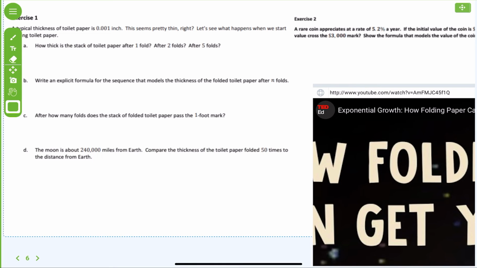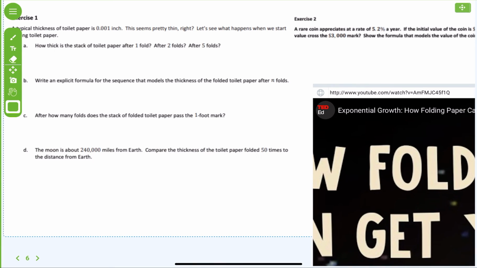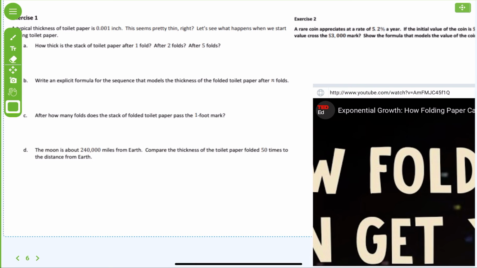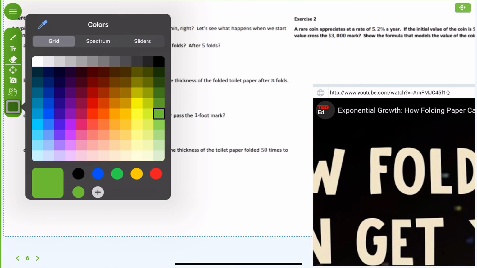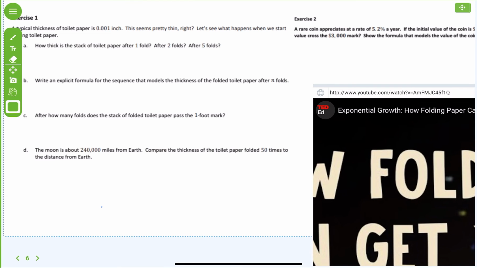Well, that would just simply be twice as much, right? Let me see here. Okay. So that would be, let's write it in exponential form.